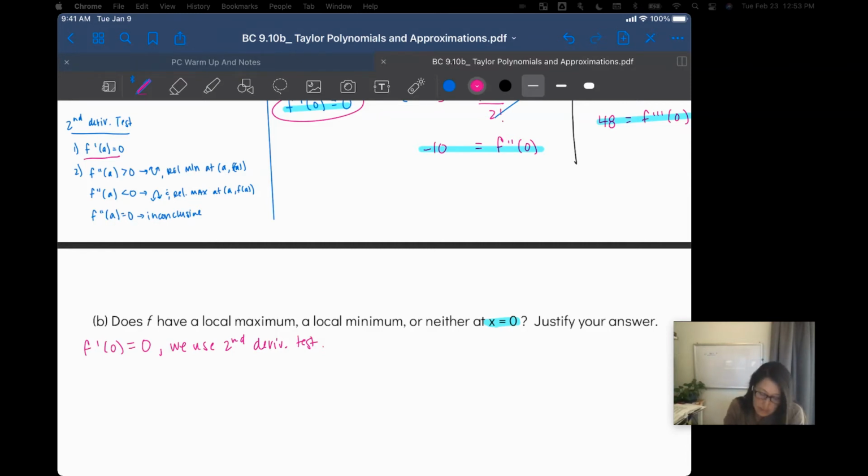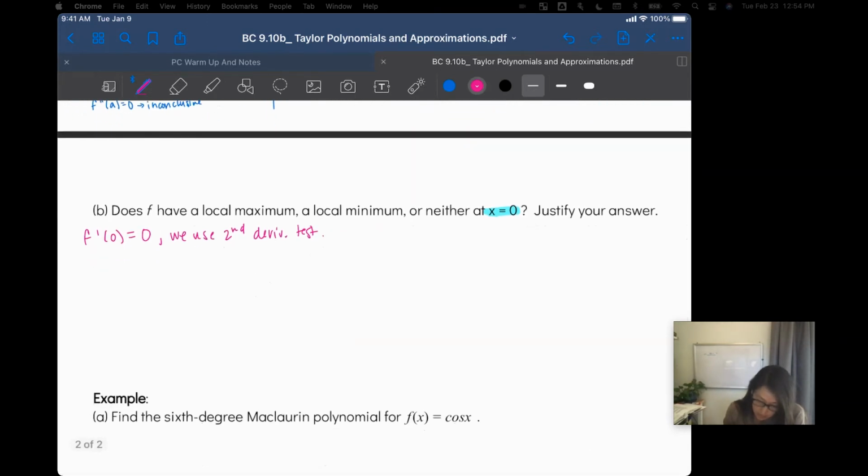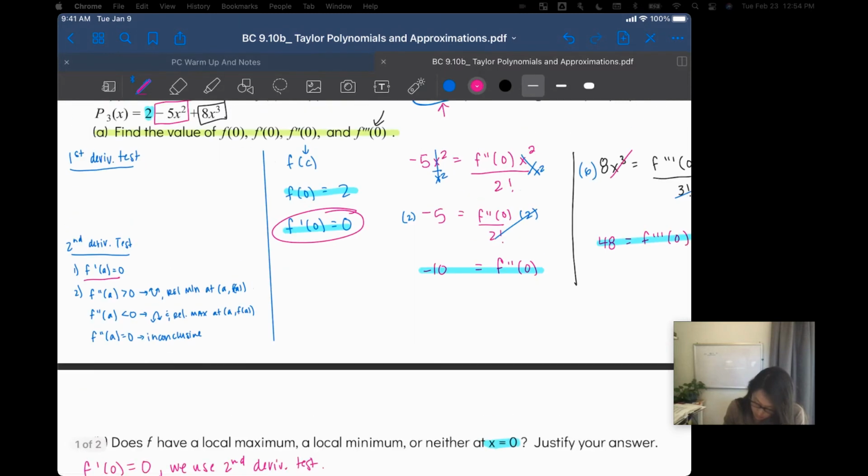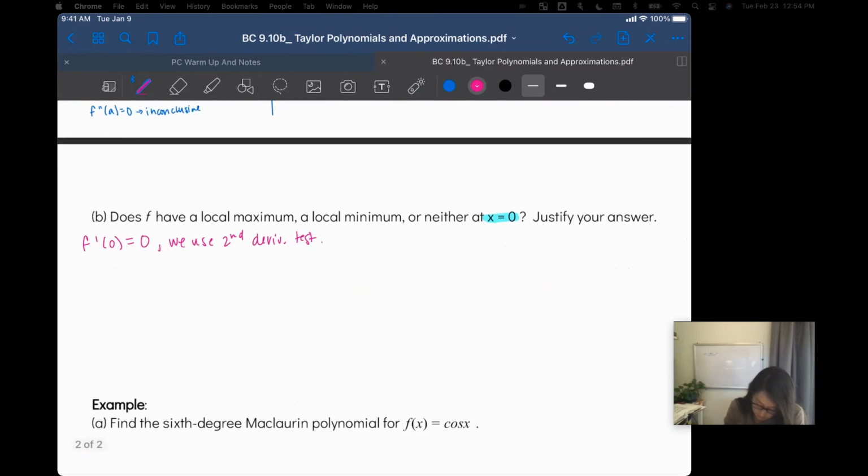We need the second derivative to tell us if our function is concave up, concave down, or inconclusive. So my second derivative, f double prime of 0, is equal to negative 10, which is less than 0. That means my function is concave down.